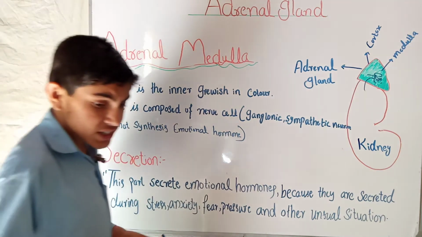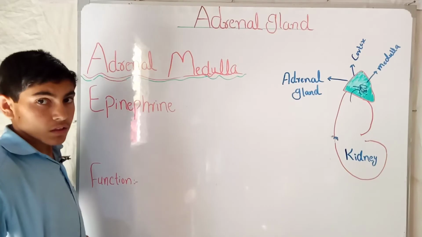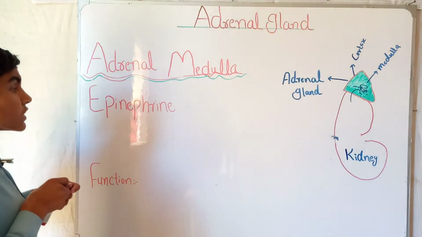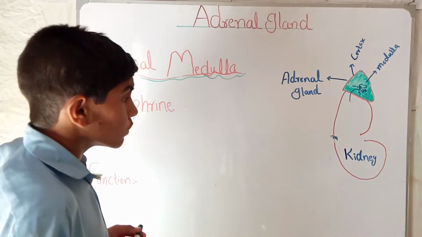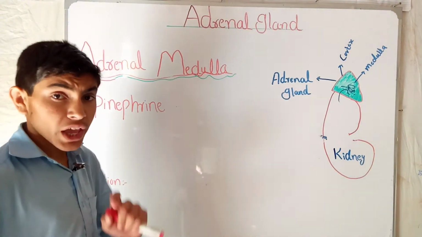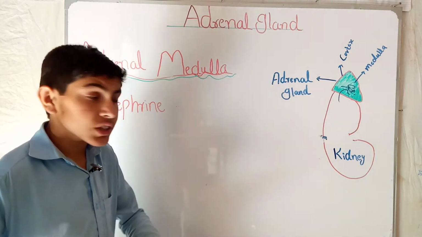So let's come to its hormones. Next we will talk about the hormones secreted by the adrenal medulla. Actually the adrenal medulla secretes only two types of hormones, which we call epinephrine and norepinephrine, or we can say adrenaline and noradrenaline.